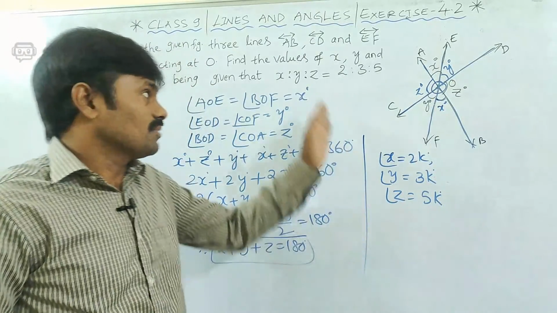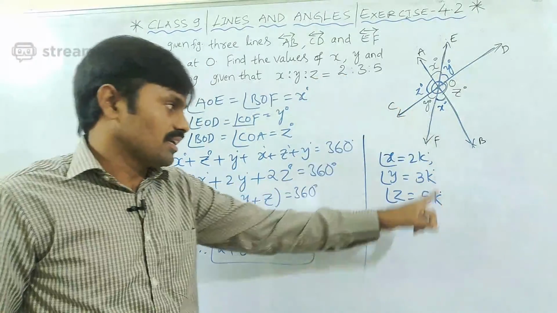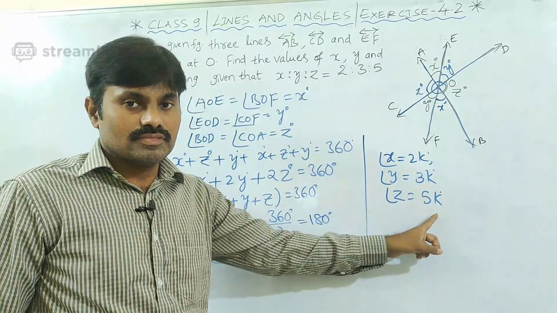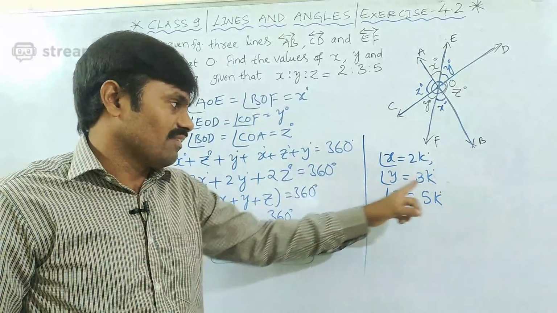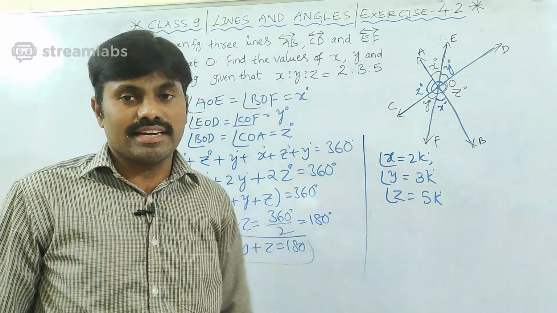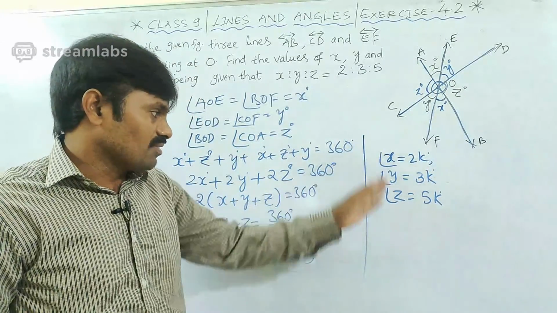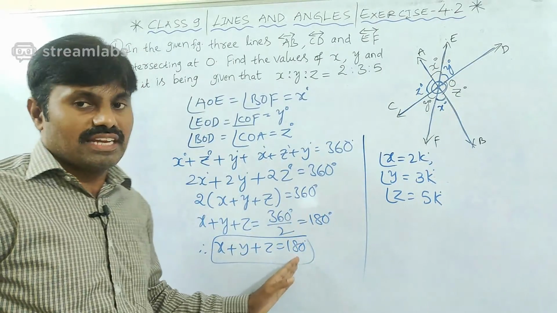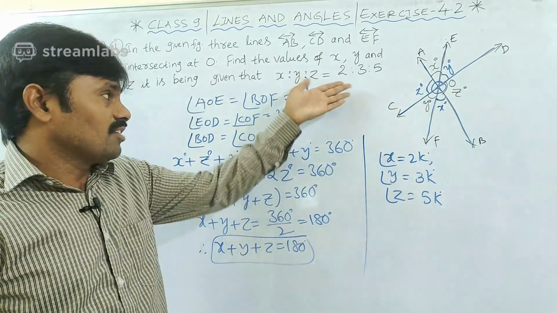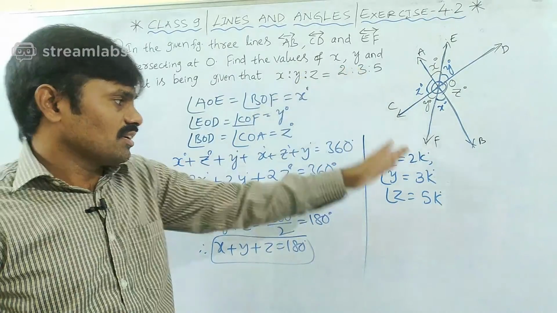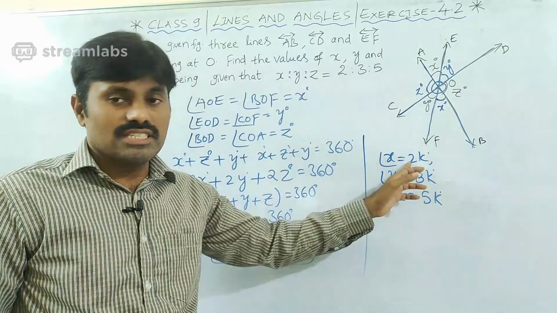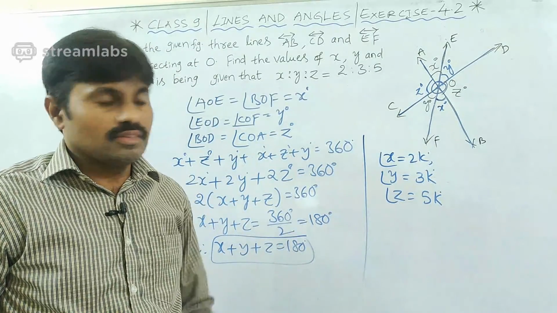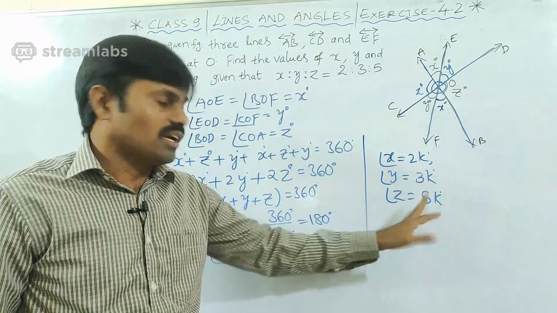The ratio means some coefficient will be further multiplied by a constant, where k is any constant. So whenever you take this ratio individually, you must take a coefficient times this constant: 2 into k, 3 into k, 5 into k.